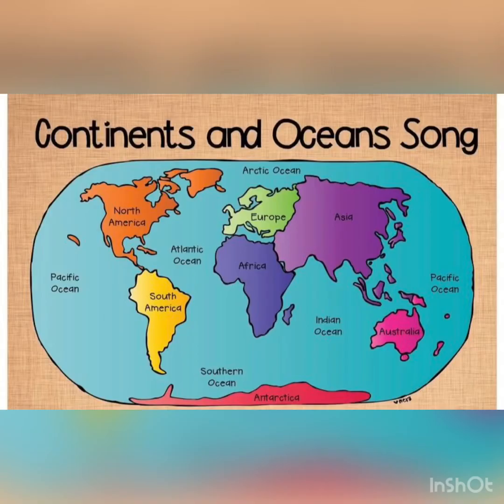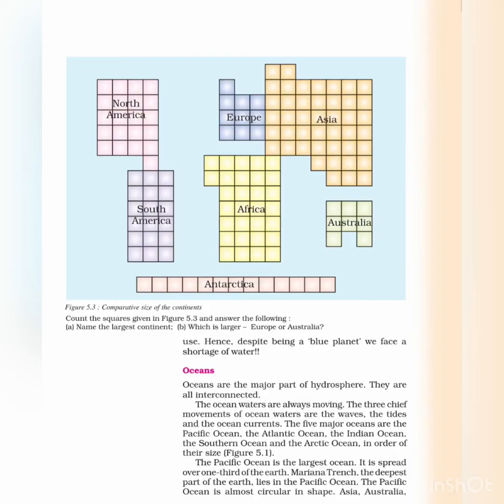Children, there are 5 major oceans in the world. As in the image, you can see the continents as well as the oceans. They are Pacific Ocean, Atlantic Ocean, Indian Ocean, Arctic Ocean, and Antarctic or Southern Ocean. Out of these oceans, Pacific Ocean is the largest and deepest ocean in the world.